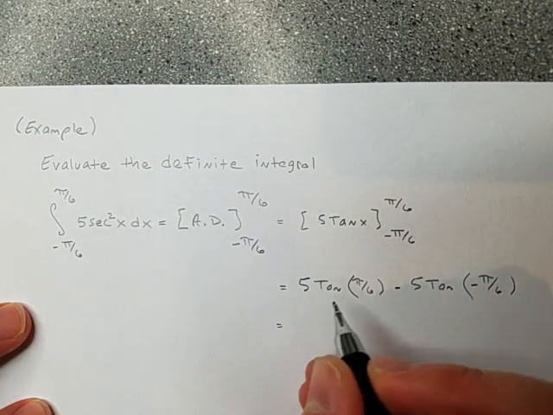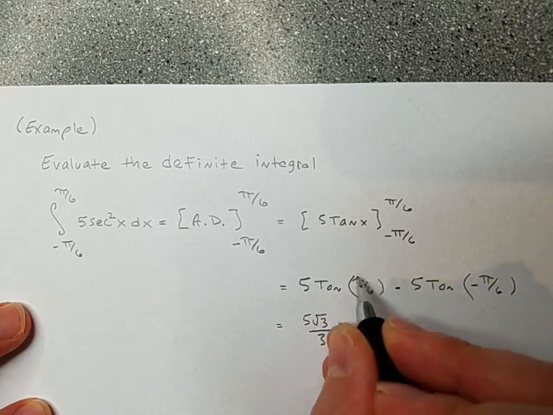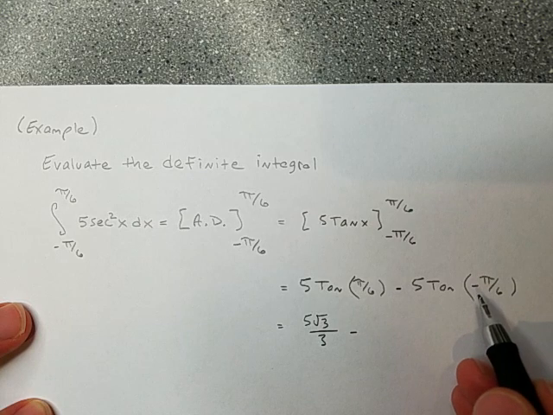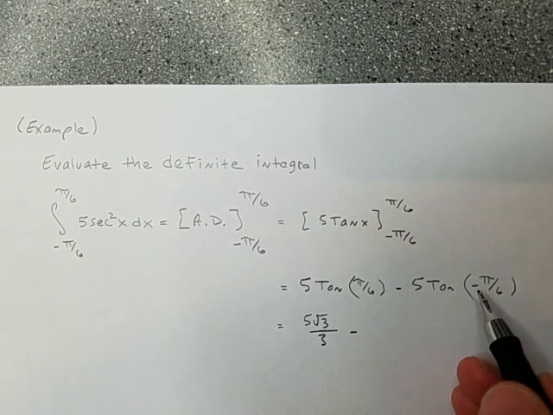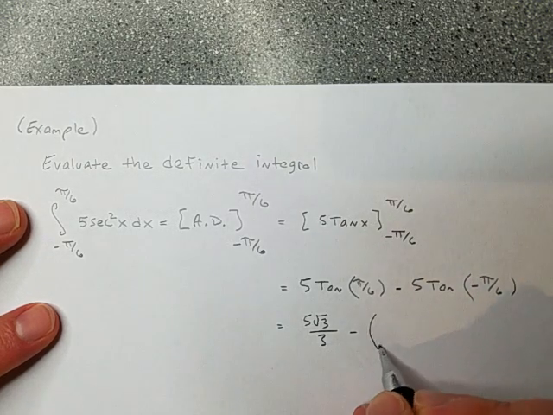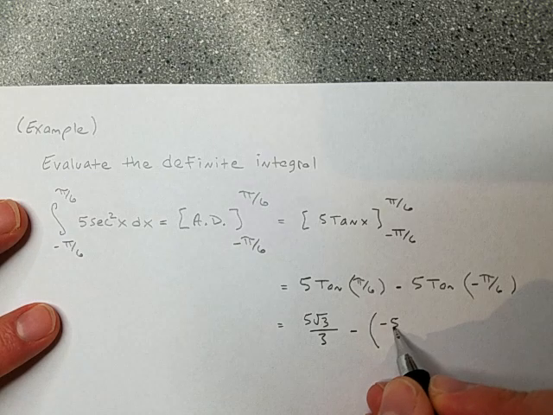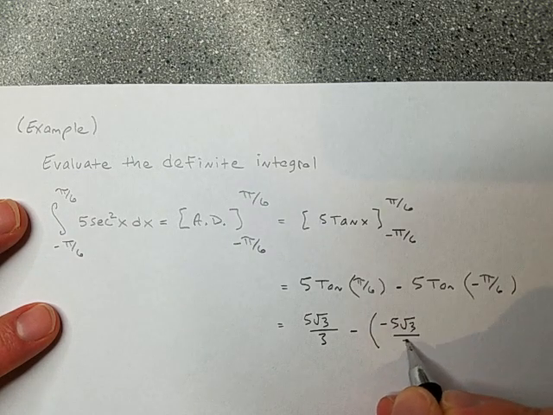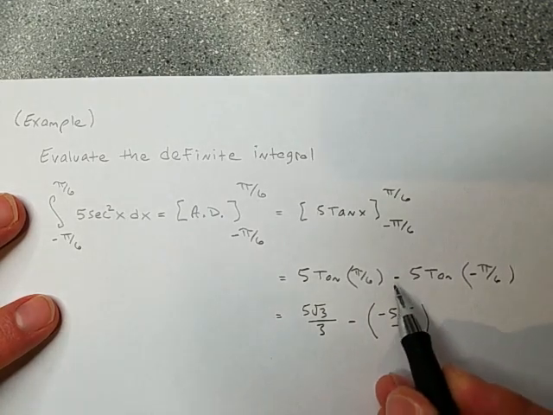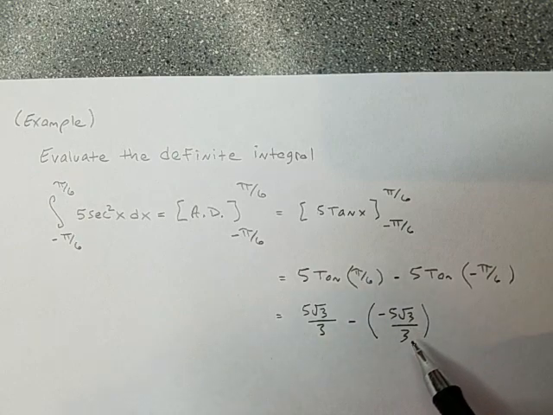So let's do 5 root 3 over 3 for that one. And then this one, tangent of negative 30 degrees, or tangent of negative pi over 6, that's negative root 3 over 3. So I'm subtracting, but this calculates to be negative 5 root 3 over 3.